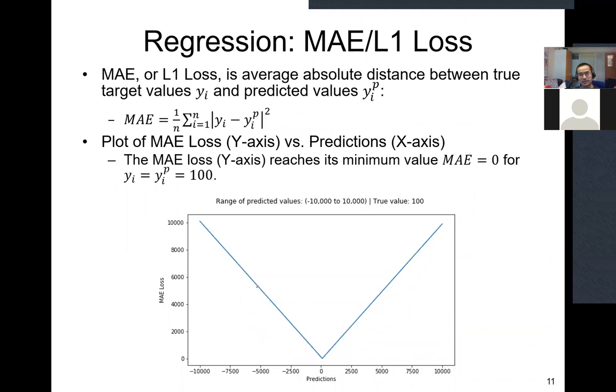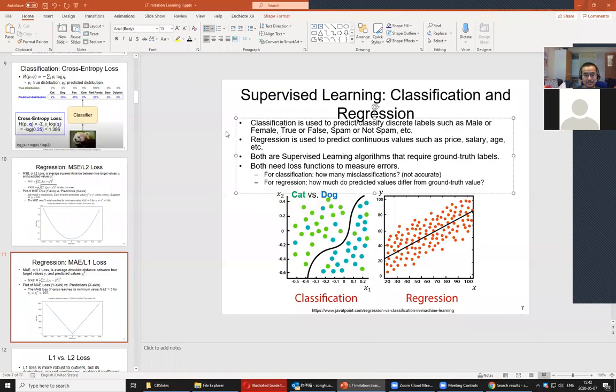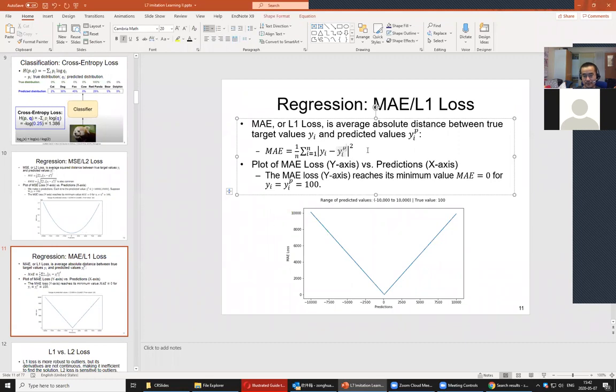For L1 loss, also mean absolute error, it's defined as, I'm sorry, it shouldn't have the square.